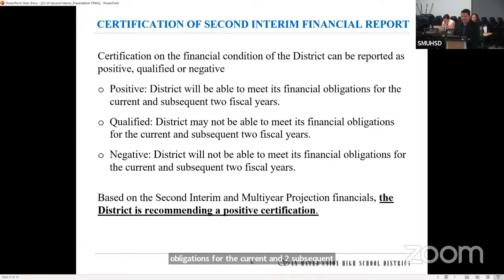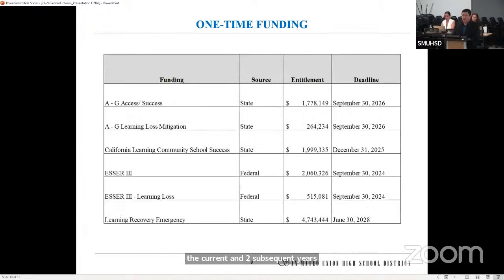And as usual, staff is making the recommendation that the district will be able to meet its obligation for the current and 2 subsequent years. That's a positive certification.